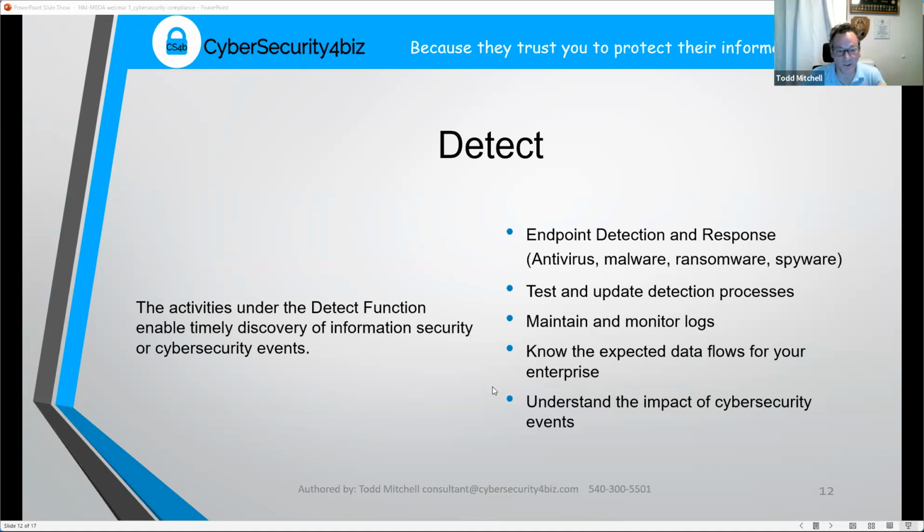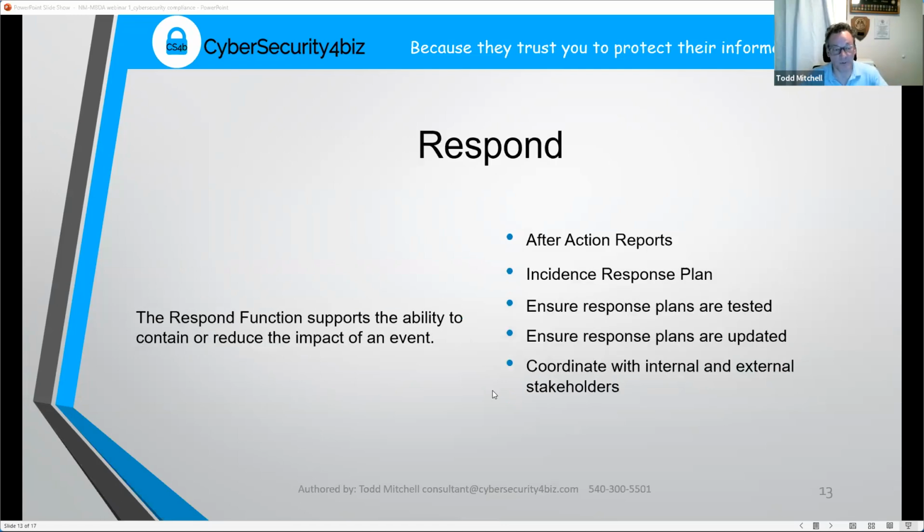And the last thing is understanding the impact a cybersecurity event would have, which kind of flows into the response section. So responding to an incident, obviously, the preferred method is you had a plan already, and all you have to do is pull out your plan and implement it. The other things you want to do is make sure that you have what we call after action reports.